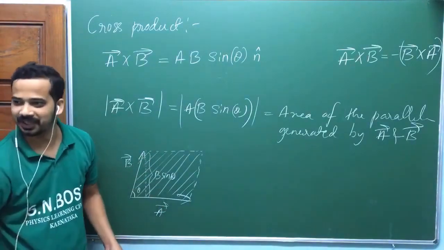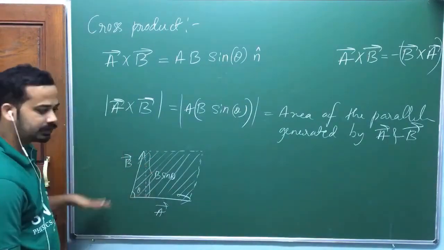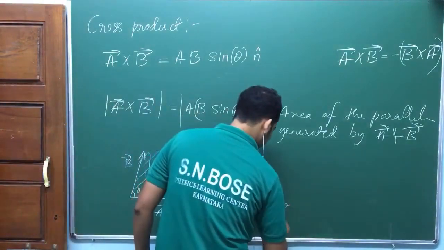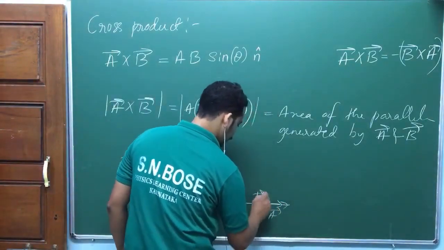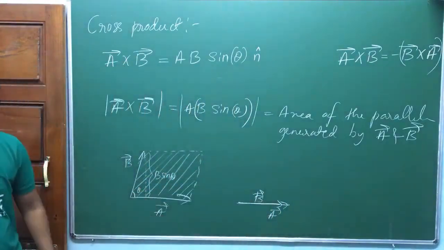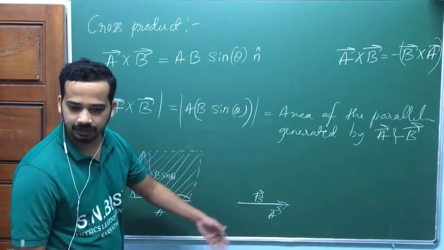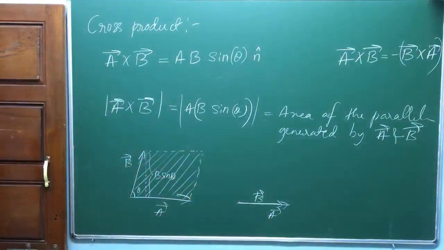Magnitude is scalar 0. If the angle is 180 degrees, then in that case also this area is 0, isn't it? If A is like this and B is like this, then there is no area constructed by them. Area of the parallelogram is 0. That's how we can explain.